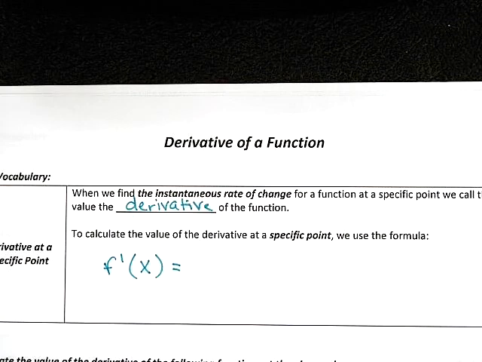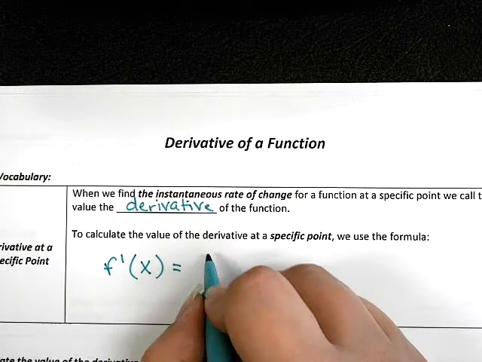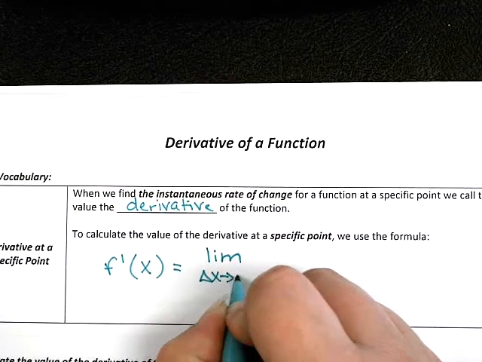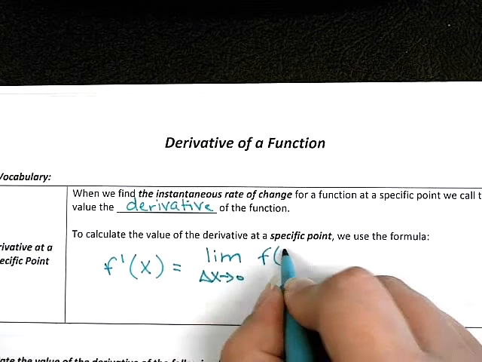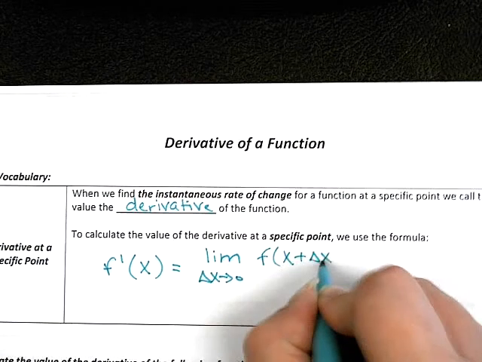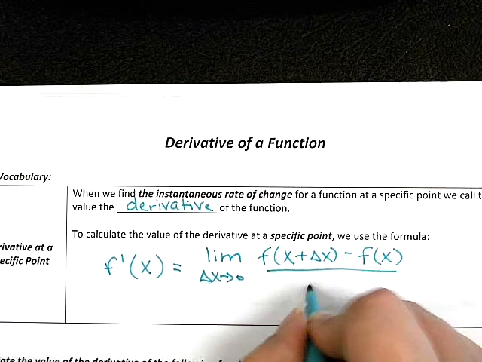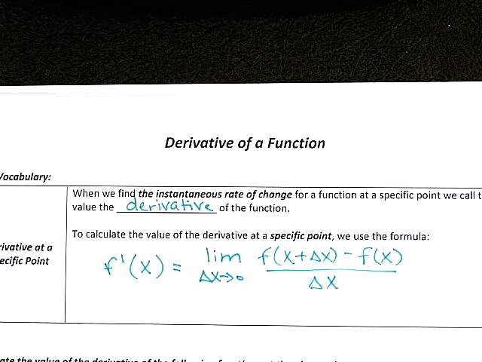All right, the derivative, we are going to use the formula limit as delta x approaches 0 of f of x plus delta x minus f of x all over delta x. It's the same formula, guys. It is the exact same as finding the slope of a tangent line. Okay, I'm just calling it something different.